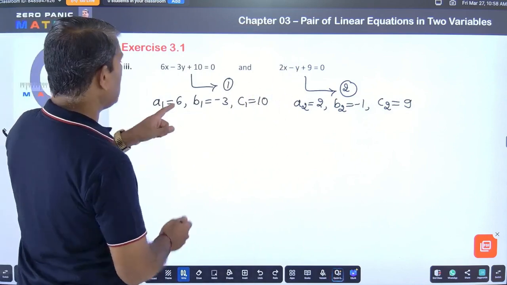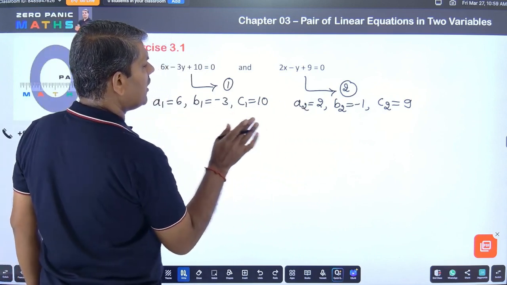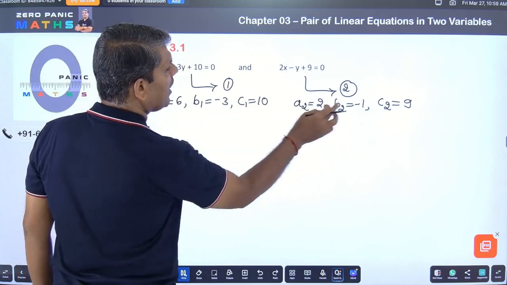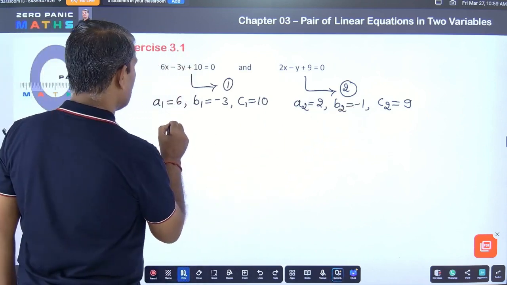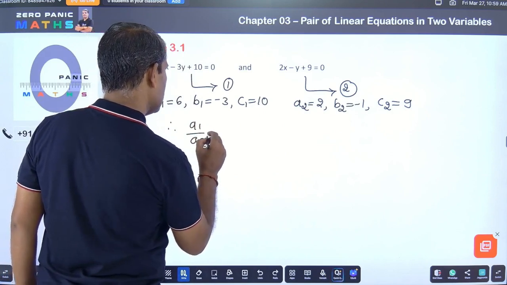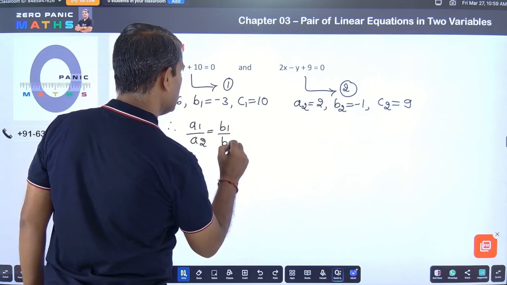Now you can simply identify 6 by 2, which is a1 by a2. 6 by 2 is actually 3. Minus 3 by minus 1 is also 3. Therefore, I can say a1 by a2 is equal to b1 by b2.